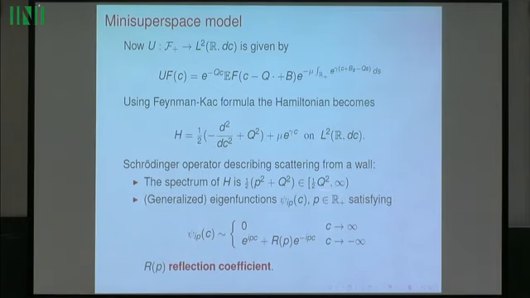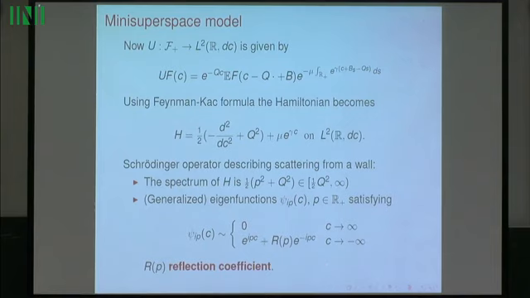And you have generalized eigenfunctions. If you have ever studied scattering theory, then finding them is a simple exercise. They look like plane waves e to the ipc at minus infinity, and at plus infinity they go to 0. Since they have this condition that they go to 0 at plus infinity, you don't have both e to the ipc and e to the minus ipc as your eigenfunctions, but just one combination.